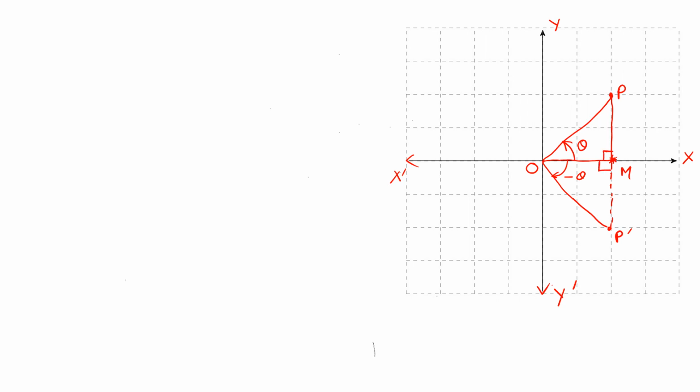Now from these two triangles, triangle OPM and triangle OP dash M, just you see, OM is a common side.